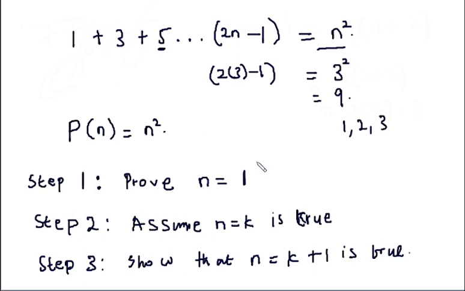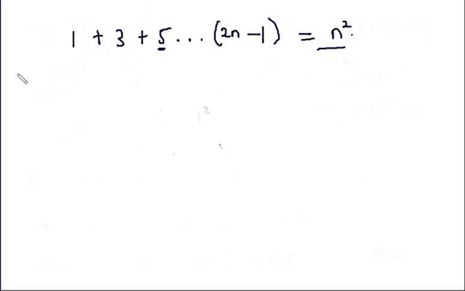So that's just a simple 3 steps to solving by the principle of mathematical induction. Let's quickly solve this example on the screen. To solve these questions, we can easily take our 3 steps. For step 1, for n is equal to 1, that's the first term. The sum of the first term by itself is 1.